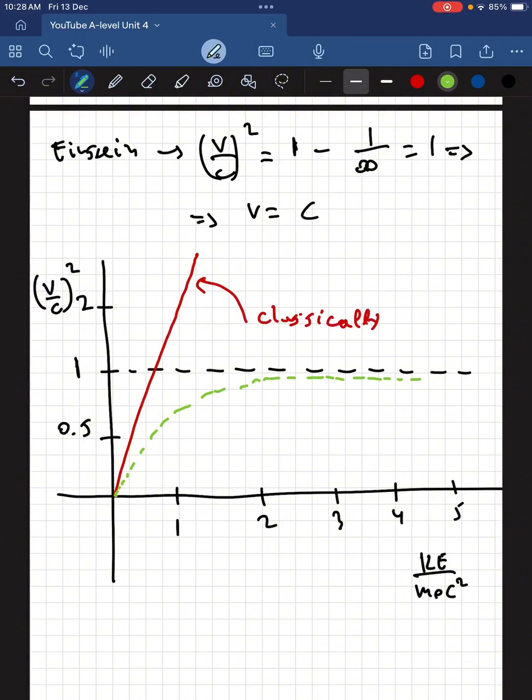As the kinetic energy increases, the particle eventually travels with the speed of light. So particles can never go faster than light.